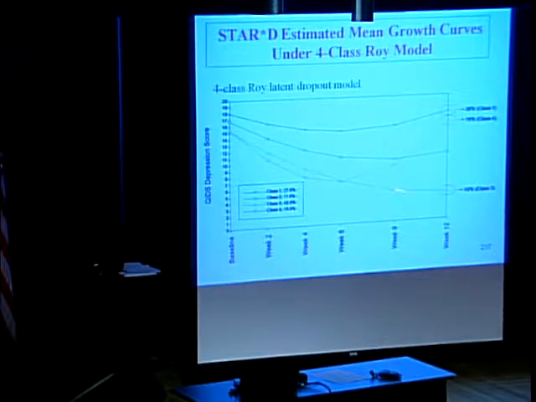This class, green, are the individuals who respond to the antidepressant citalopram. 43% are in that class. These are the people who don't respond, 28%. And then we have an interesting class of 18% who have a temporary improvement, but then worsen.